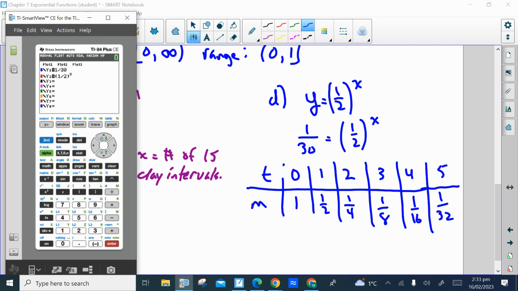That's a decimal, close to 0. Because of that, I'm going to change my window for my y minimum to -1 and my y maximum to +1. And I'll change my scale to 0.5. Because that first equation will be the line y equals 1/30, a decimal close to 0. I left my x min and max the same for now. We may have to adjust it. We'll see when we hit graph.